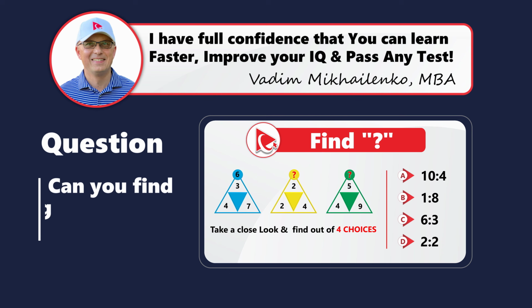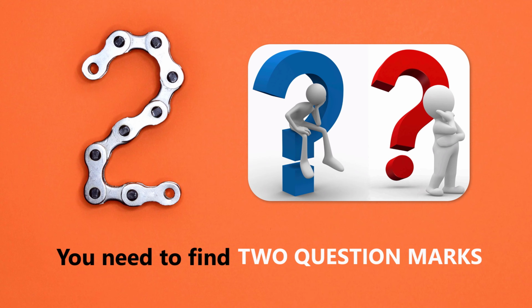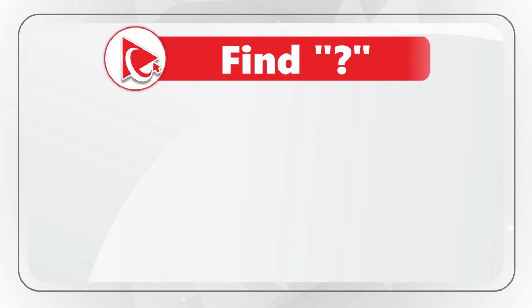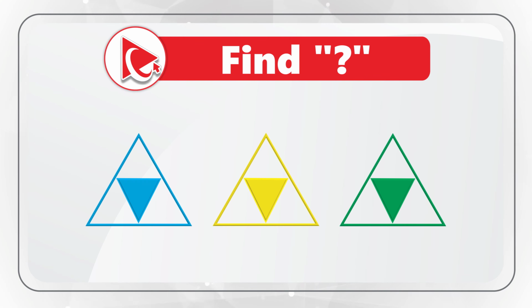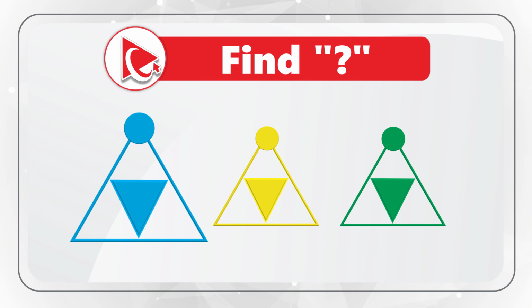Here's an absolutely phenomenal question, which is absolutely not obvious how to solve. Instead of one question mark, you need to find 2 question marks. You're presented with 3 triangles. All triangles have a circle on the top. The blue triangle has 3 numbers inside. Starting from the top, the numbers are 3, 7, and 4, and the number on the top is 6.